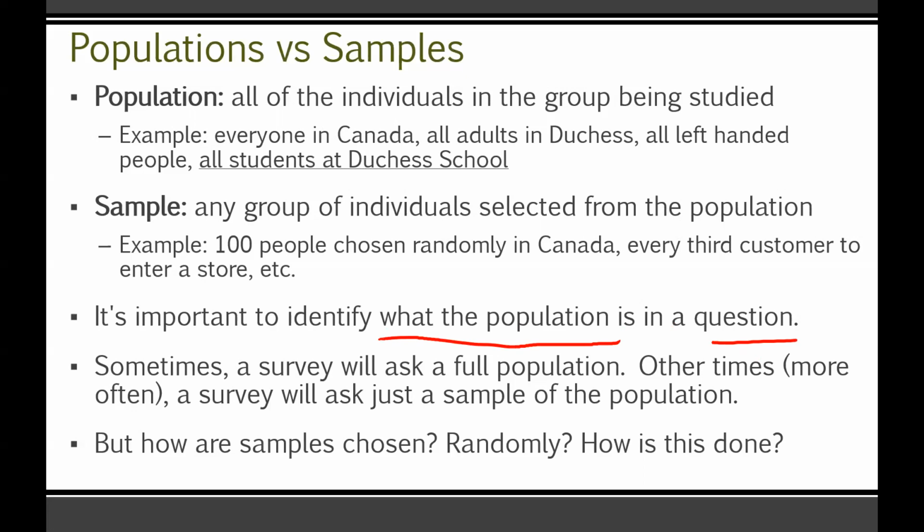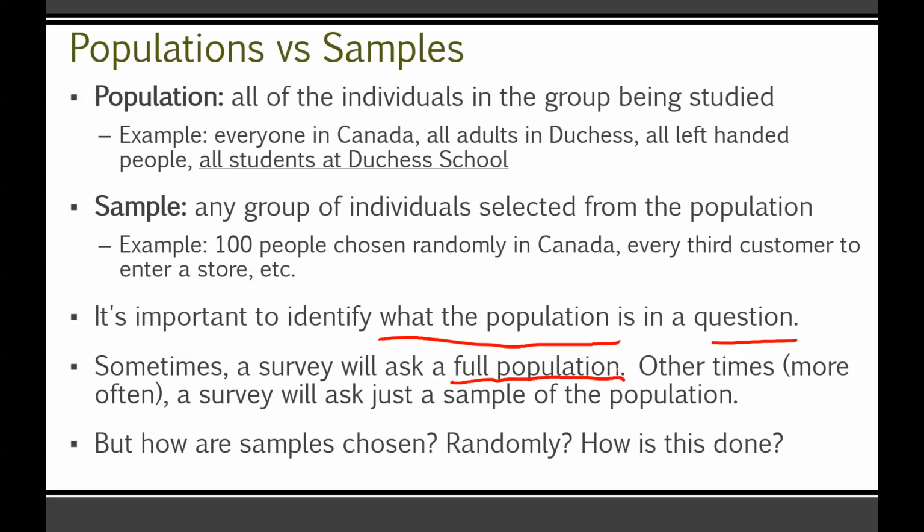For instance, I can just say on a personal note, not that long ago, it was only about a week or two before I'm recording this, I received in the mail a thing from Statistics Canada called the Census, and it's done every couple of years, and they basically ask every single person in Canada to fill it out, or at least every adult in Canada to fill it out. And so I did.